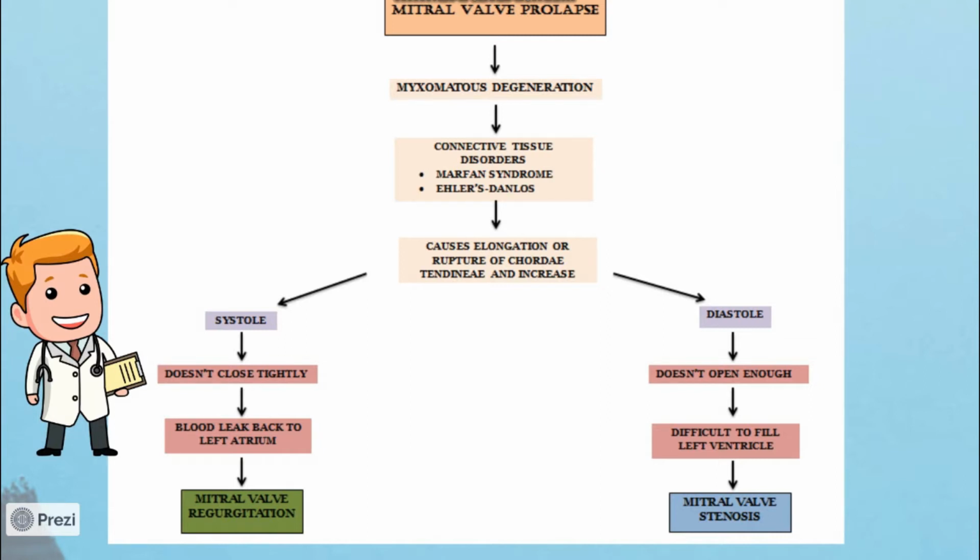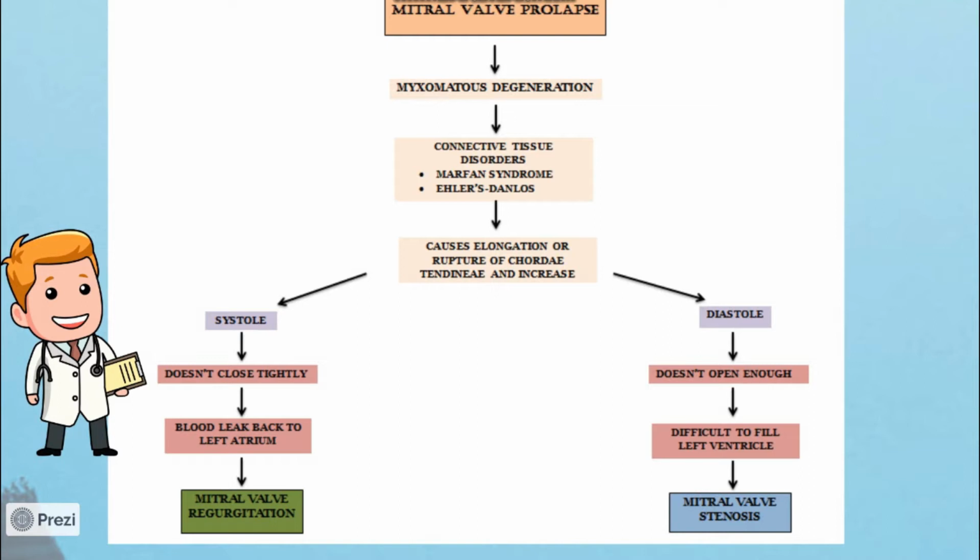In mitral valve prolapse, myxomatous degeneration occurs when the connective tissue of the leaflets and the surrounding tissue are weakened. As I have said earlier, it is associated with connective tissue disorders such as Marfan syndrome and Ehlers-Danlos syndrome. Myxomatous degeneration results in larger valve leaflet area and elongation of the chordae tendineae, which can sometimes rupture.